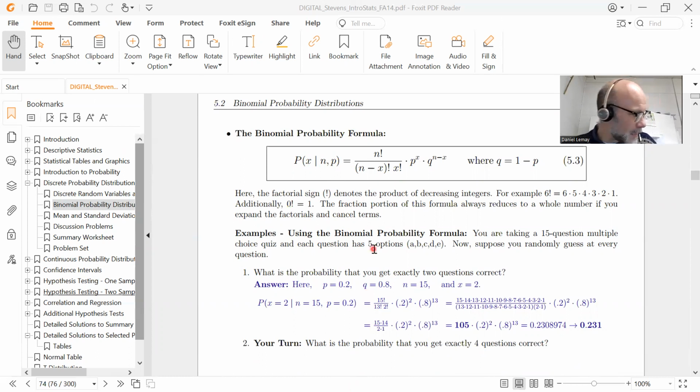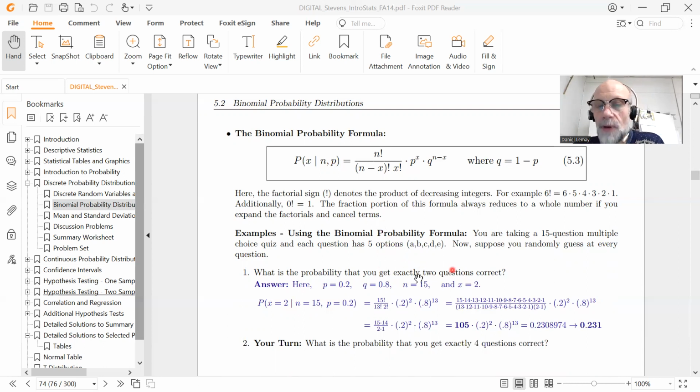I better write this down because I'll never remember it. We have 15 trials. It's a 15 question test, and there's 5 options. So the probability of guessing correctly is 0.2, that's 1/5.